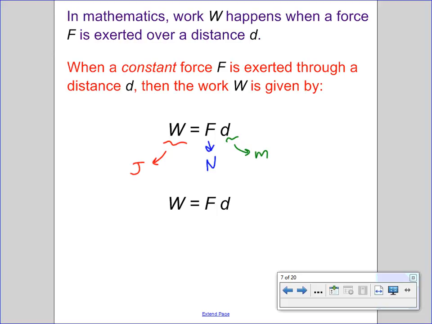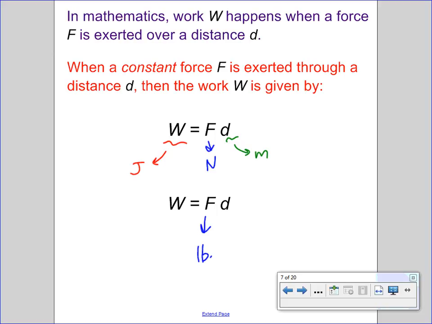So newtons and meters. We could also measure work in the traditional British units, and so here we have our force measured in pounds. So that's already a weight that already takes into account our gravitational acceleration, just like newtons take kilograms times meters per second squared.